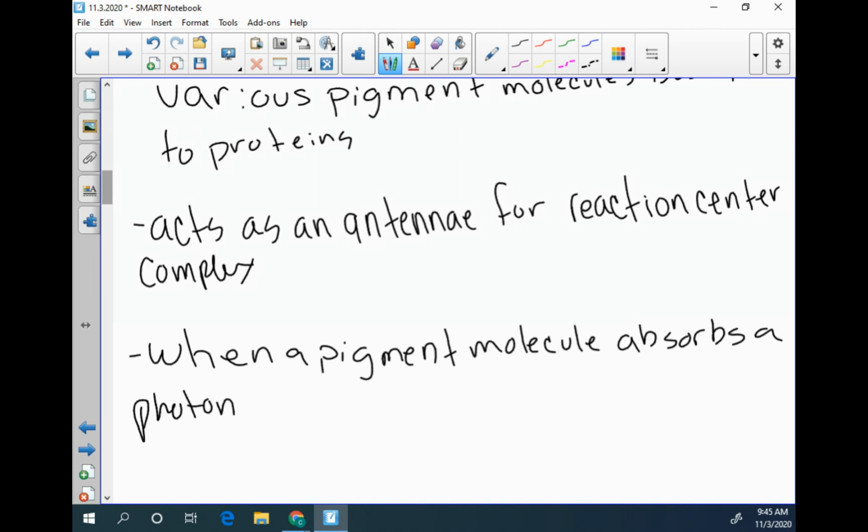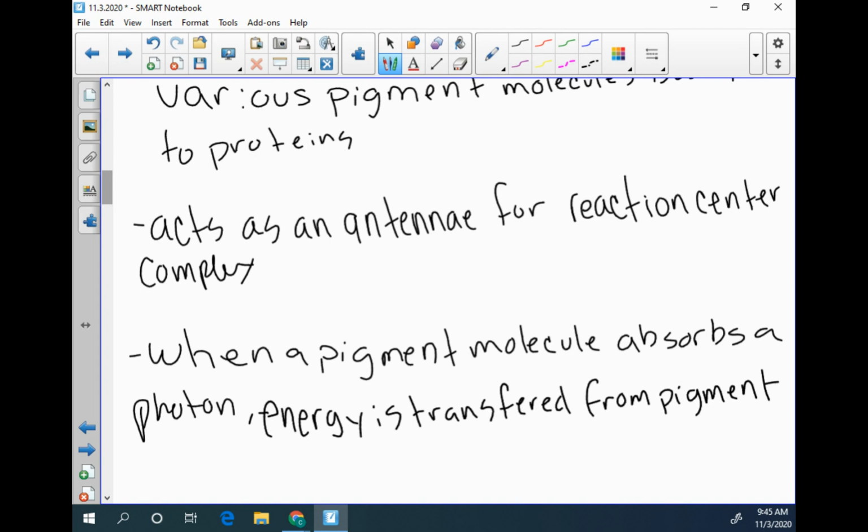So if one of those pigments in the light harvesting complex absorbs a photon, the energy is transferred from pigment to pigment within the light harvesting complex.